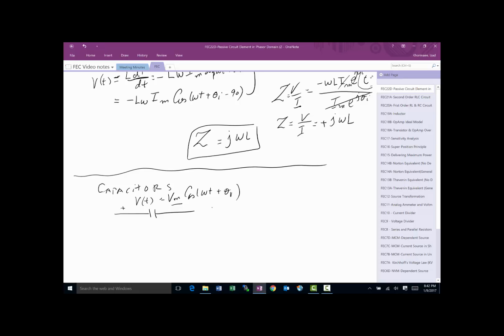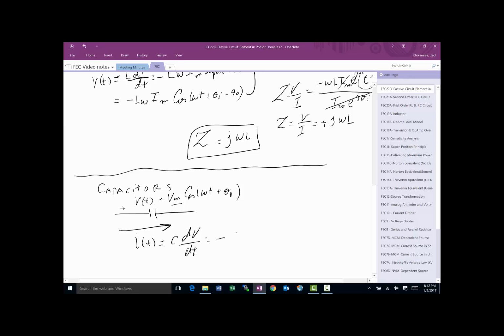I can find out what the current is through here, and we know the current through a capacitor is C dV/dt. And of course, we know the derivative of cosine is minus sine.